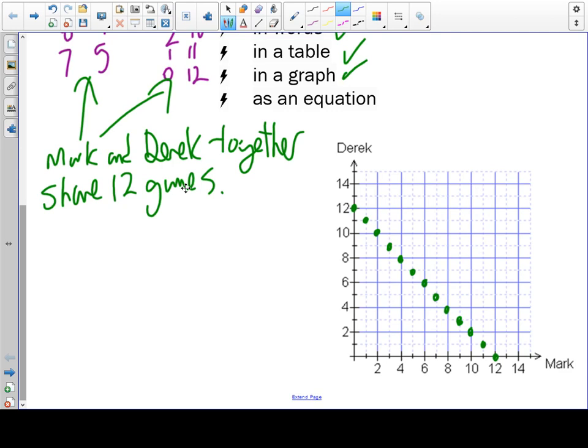It's not too difficult. If you take the number of games Mark has and the number of games Derek has and add them up together, you get 12. Simple as that. The number of games Mark has plus the number of games Derek has equals 12. That's all there is to it.